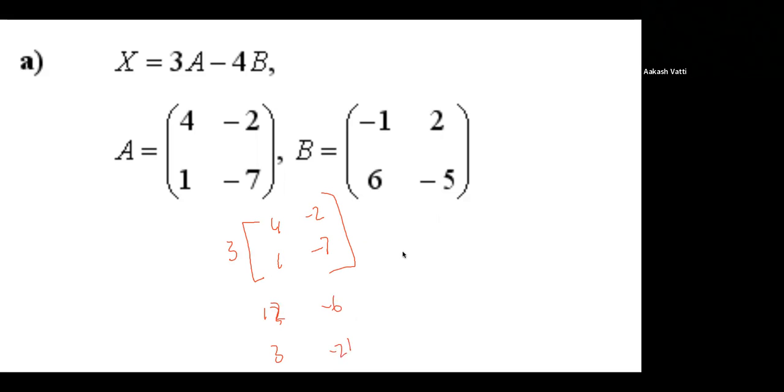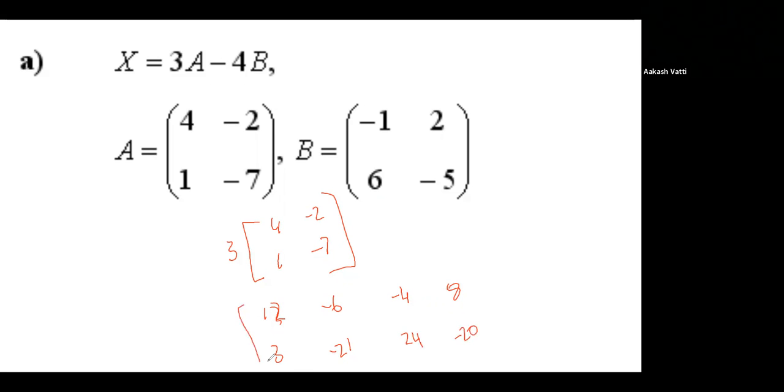And then you multiply the other matrix by 4, which gives -4, 8, 24, -20.